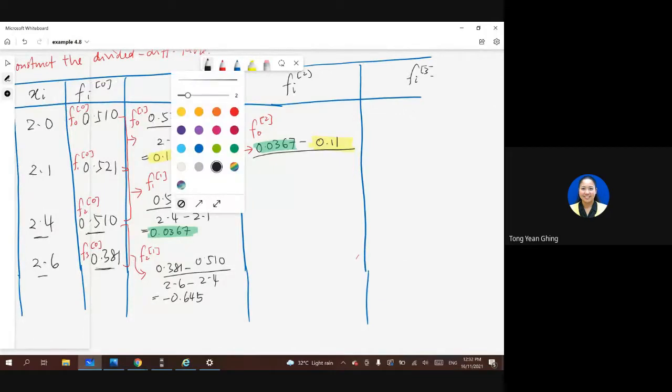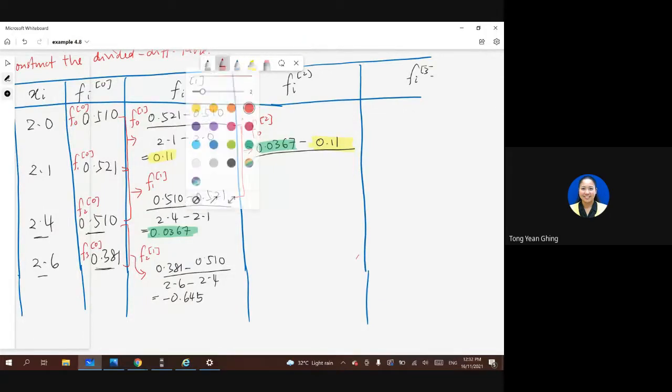So just now, if you look at this one, we consider from here 2.4. See? So just take this 2.4 minus here 2.0.